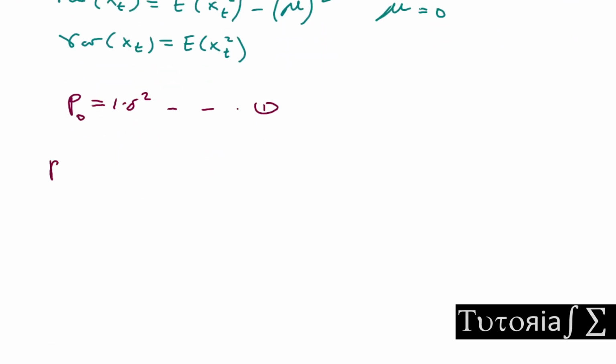All right, so remember row k is equal to the expectation of xt times xt minus k. So for row 1, this would be equal to the expectation of xt times xt minus 1.